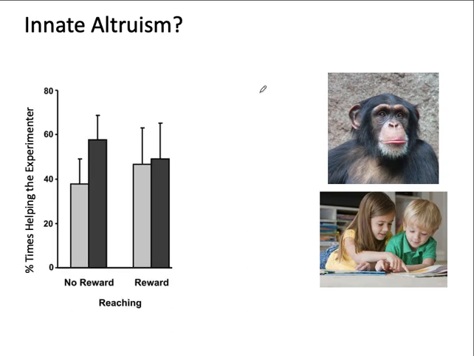So these are the results of this study, where the experimenter would drop something and then reach for it, but they can't quite reach it. The darker bars are humans, and the lighter bars are chimpanzees.